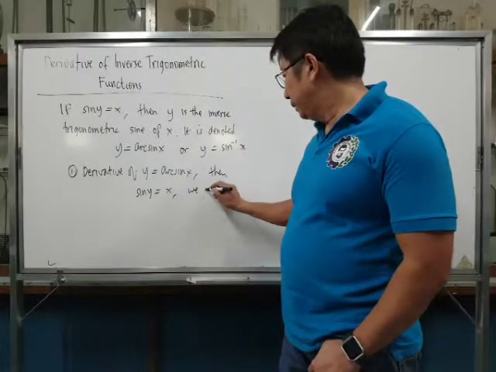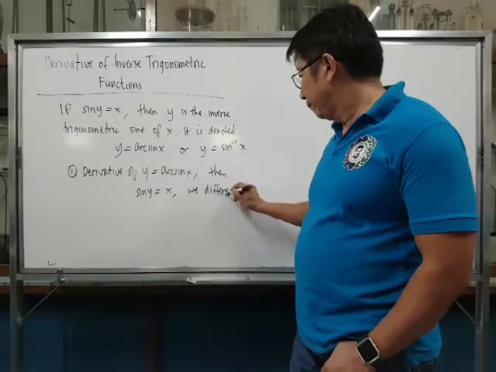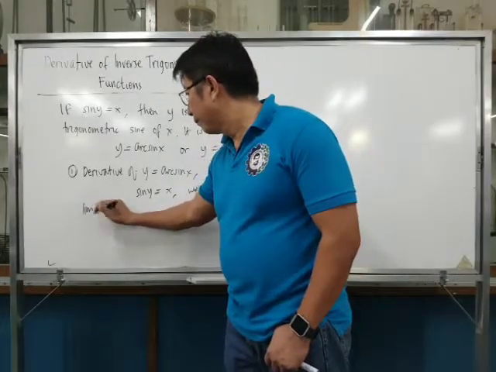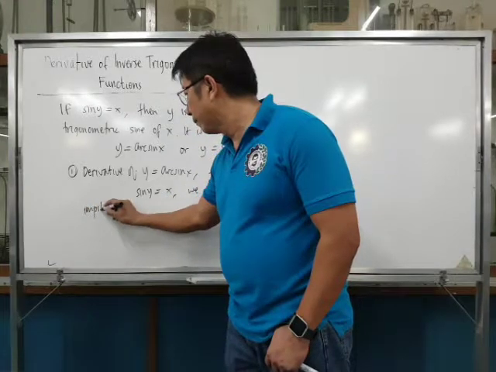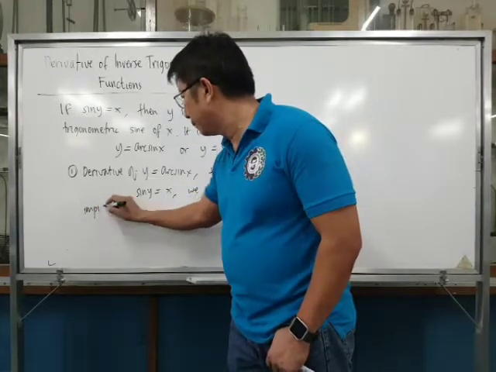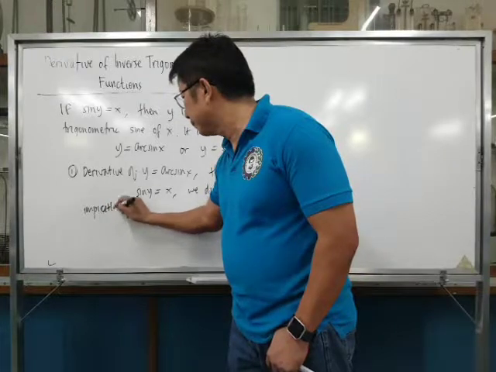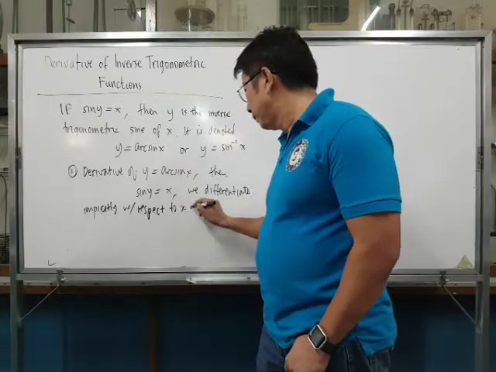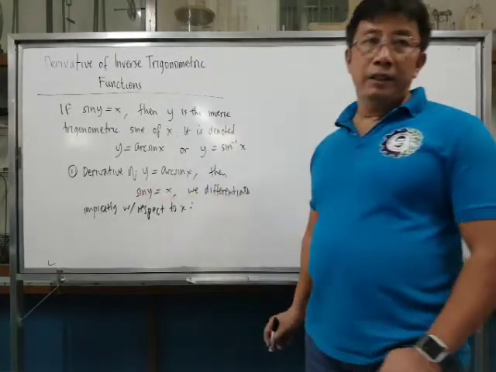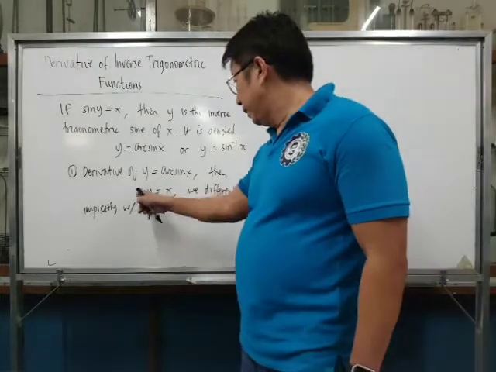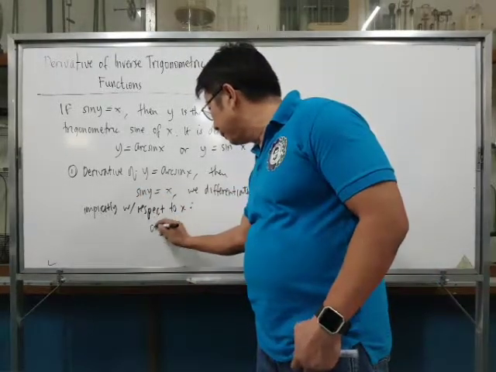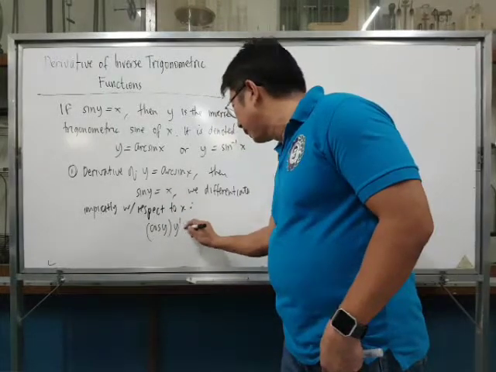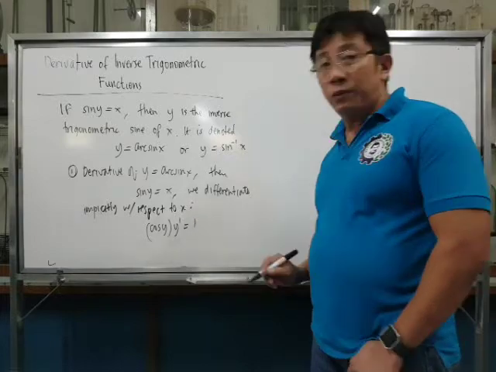So we simply differentiate implicitly with respect to x. We learned that the derivative of sine is cosine. So the derivative of sine y will be cosine y multiplied by y prime, and the derivative of x is just equal to 1.